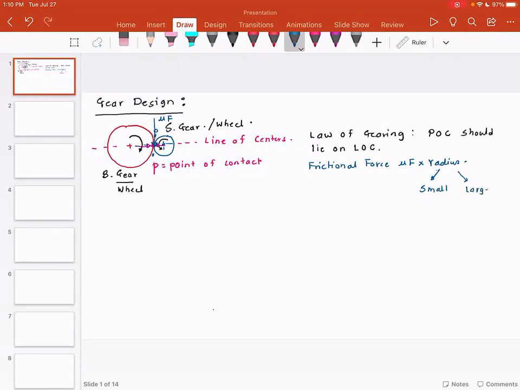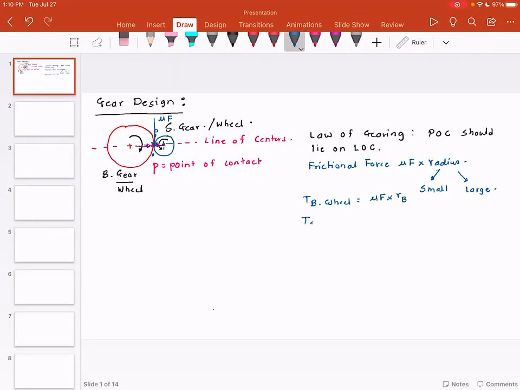That means, let me rewrite this equation. Torque on the big wheel is going to be mu F times the radius of the big wheel.